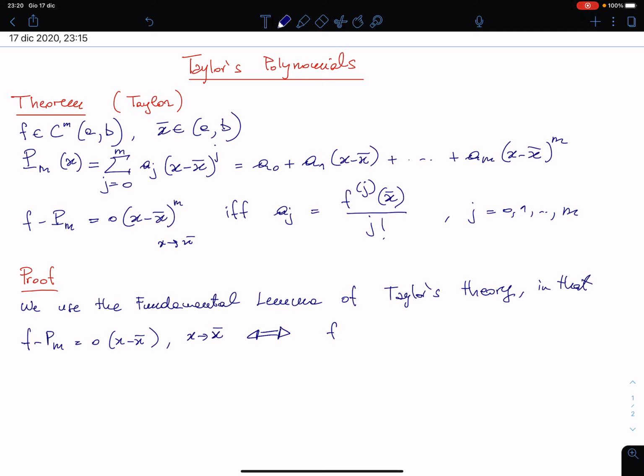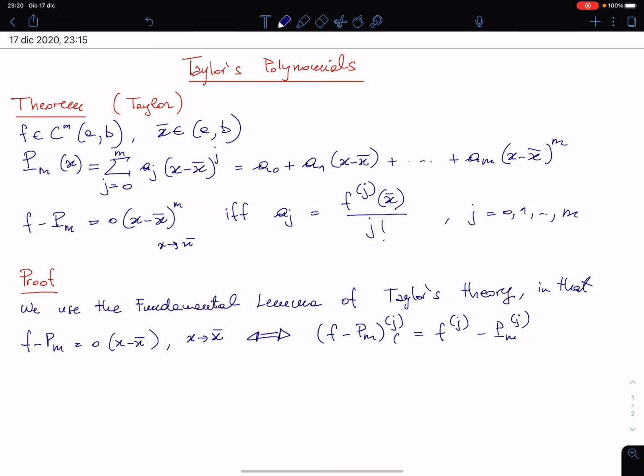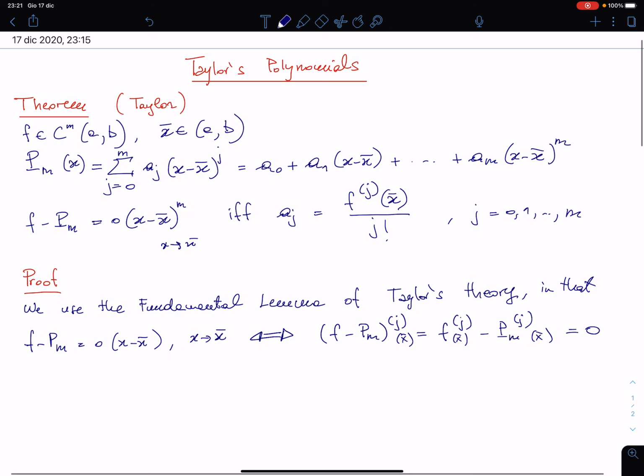the jth derivative of f minus pm, which is exactly the difference between the jth derivative of f and the jth derivative of pm, computed at x bar, are all equal to 0, all these derivatives for every j from 0 up to m. Okay.